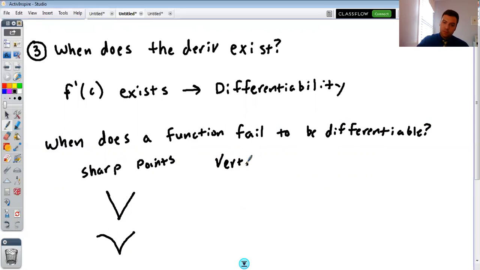Option number 2 would be vertical tangents. If we all agree that the derivative represents the slope of the tangent line at a point, and then you all agree that the vertical line has an undefined slope, the slope at that point would be undefined.